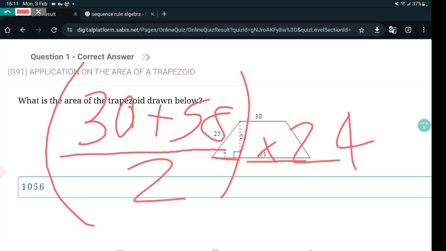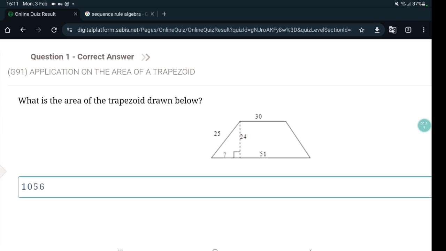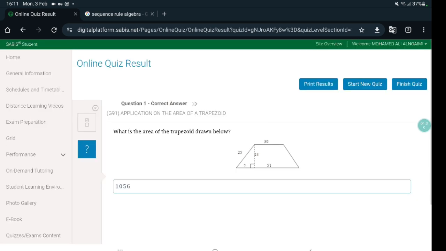And if we put that into the calculator, we will get 58 over 2 times 20. We'll get the answer 1056. Okay.